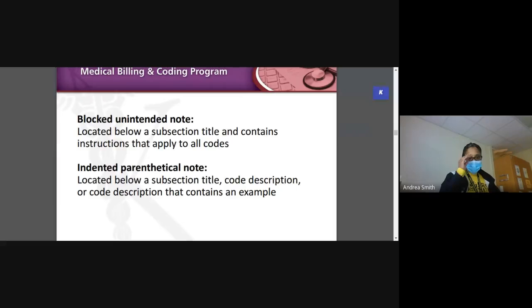Okay, if you go to page 309 in your CPT book, look at code 73100. That first code is the block unindented note. So that's going to be your first code. The indented parenthetical note is underneath it. So that's another subset of that code.